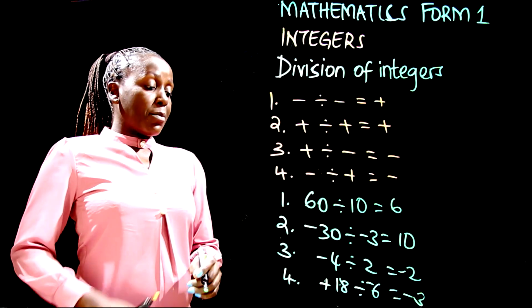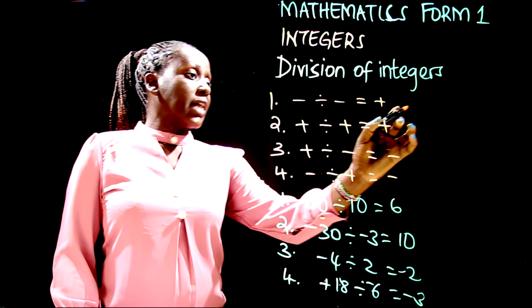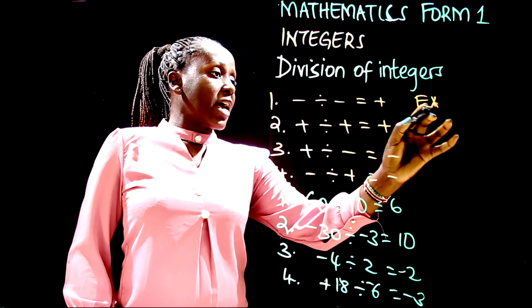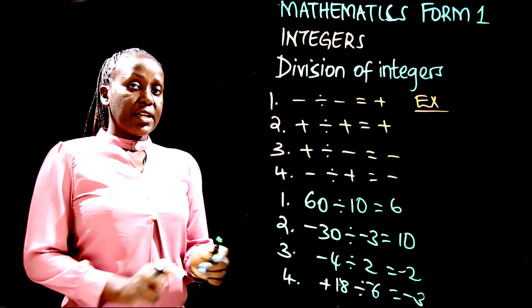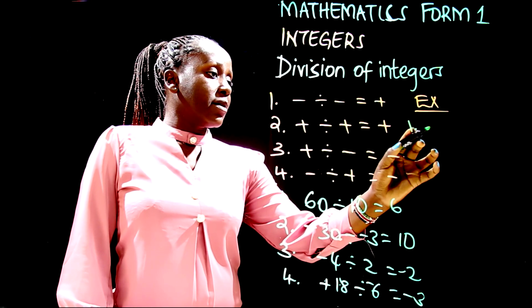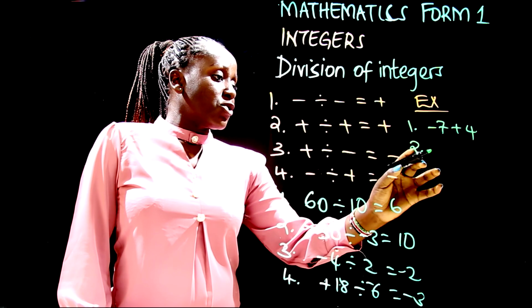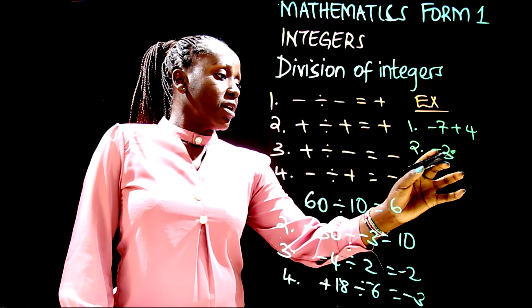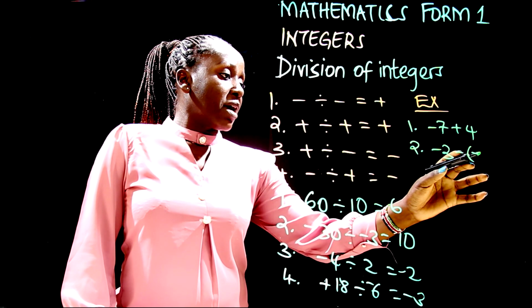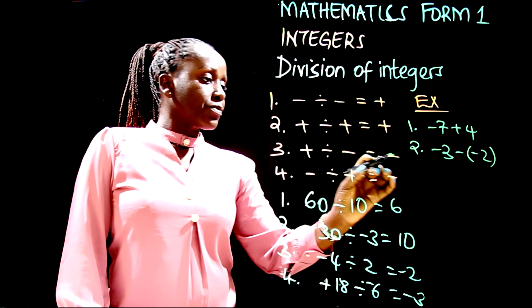So now I'll give you some questions that you will attempt. So for your exercise, attempt these questions. Number 1, negative 7 plus 4. Number 2, negative 3 minus negative 2.